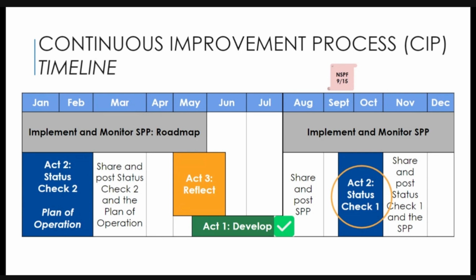And we have status check 2, which will occur in January or February when the budget for the 25-26 school year is released, which represents a new allocation of funding to support the implementation of the continuous improvement plan. Then at the end of the school year, you're going to complete Act 3 and Act 1.